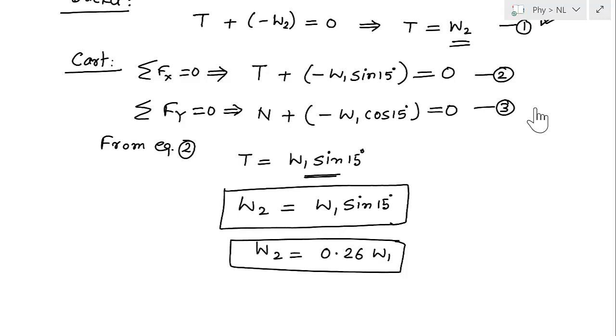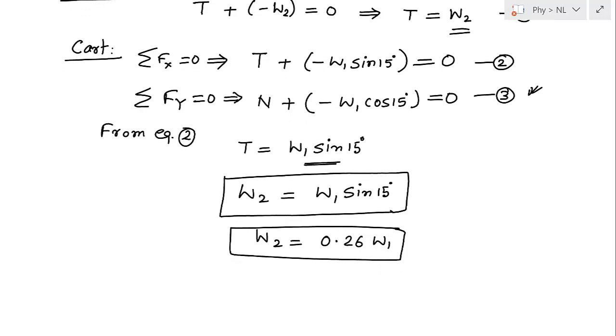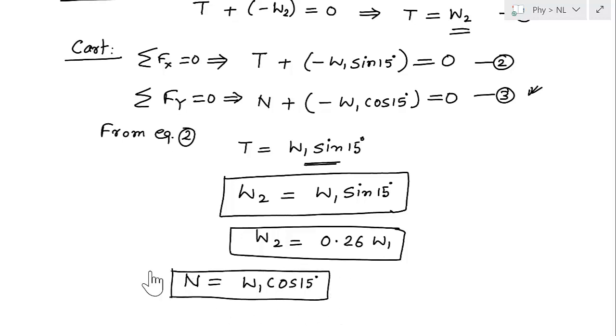We have another equation, equation number 3. This equation will give you the normal reaction. If you want to calculate the normal reaction, you can write N equals W1 cos 15 degrees. This will be helpful to calculate the normal reaction acting on the granite block and cart system.